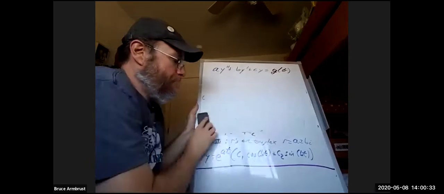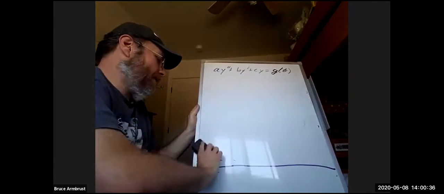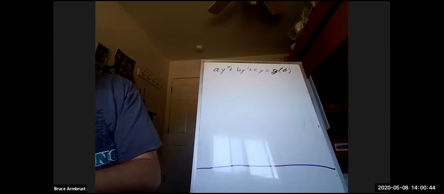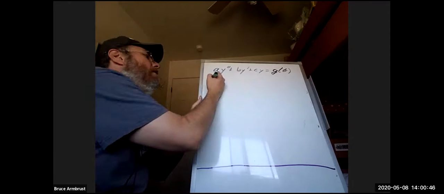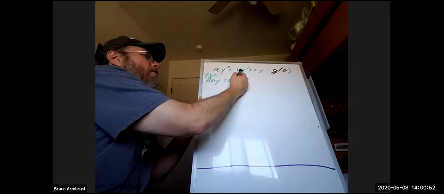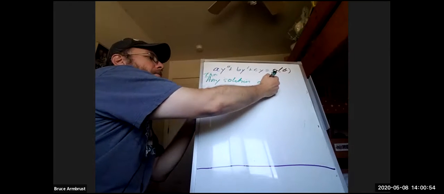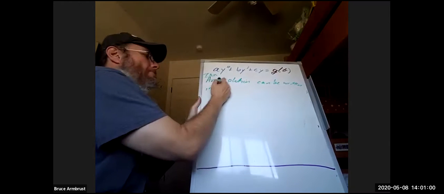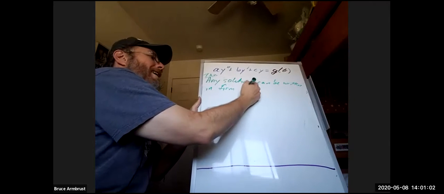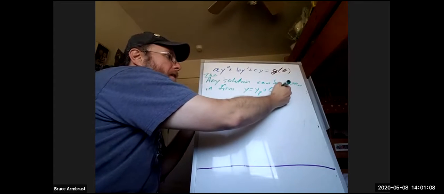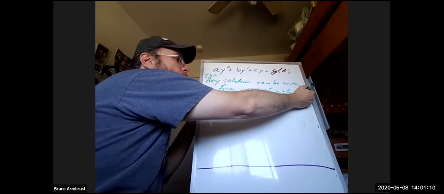All right, well, here's the trick. Let me first start by giving you this theorem. What we know is that any solution here can be written in the form y equals y sub p plus c1 y1 plus c2 y2.